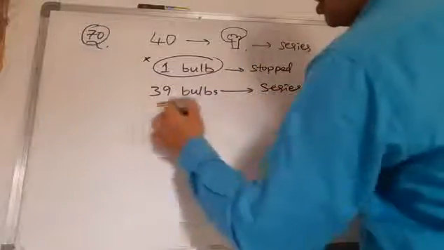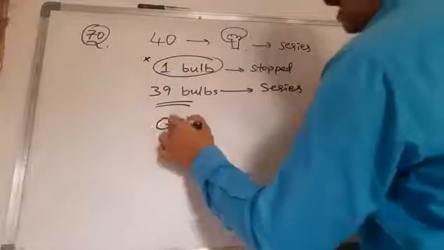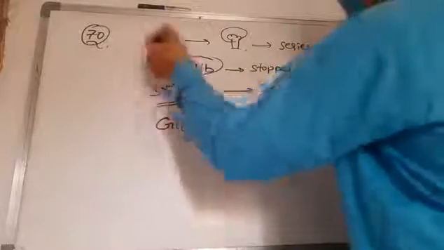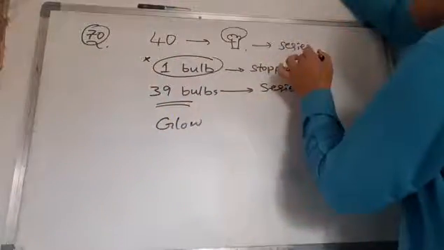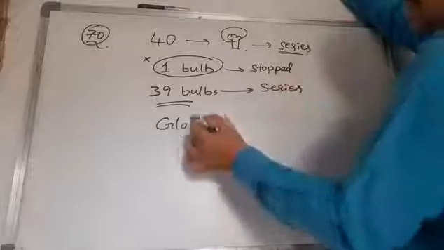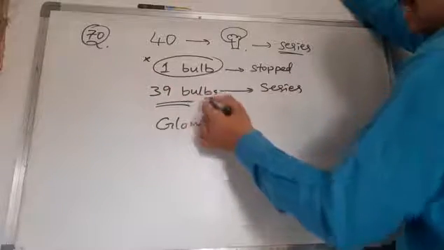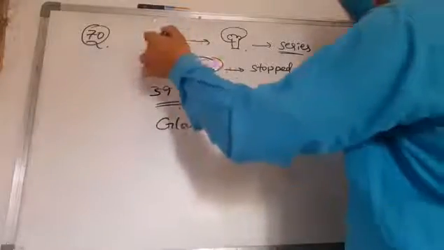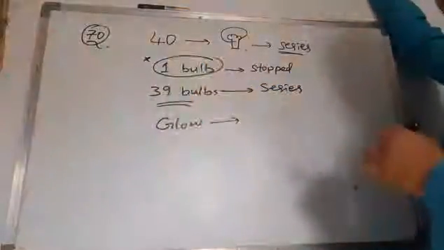What is the position of this one? Do they glow brightly or dim? When 40 bulbs are connected in series, what is the glowing capacity? And when 39 bulbs are connected in series, what is the glowing capacity? Do they glow more than this or less than this? He is asking.